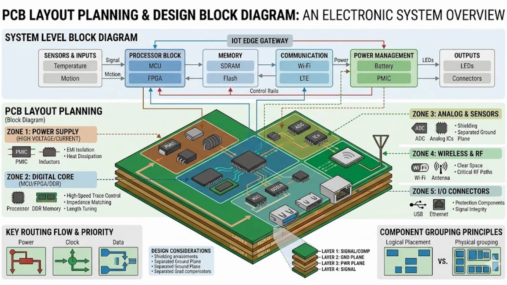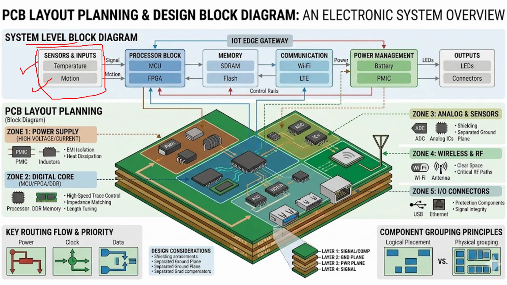Then PCB layout planning and design block diagram. How exactly will we plan the layout? So here we are going to see. Basically the sensors and inputs, like some examples, temperature sensor or motion sensors. These are the devices which will get the inputs.